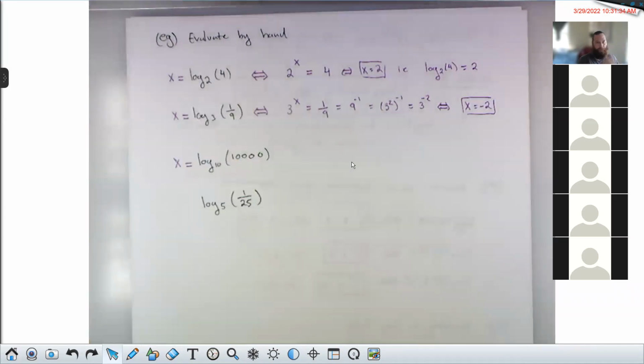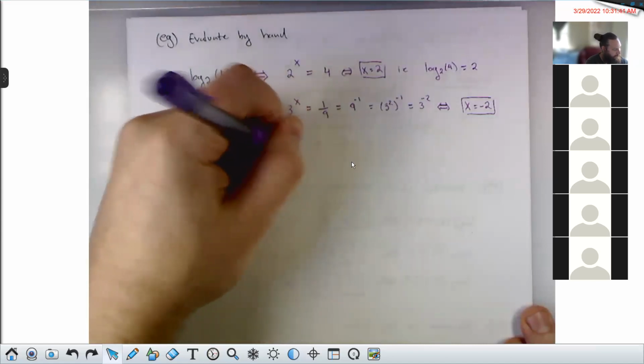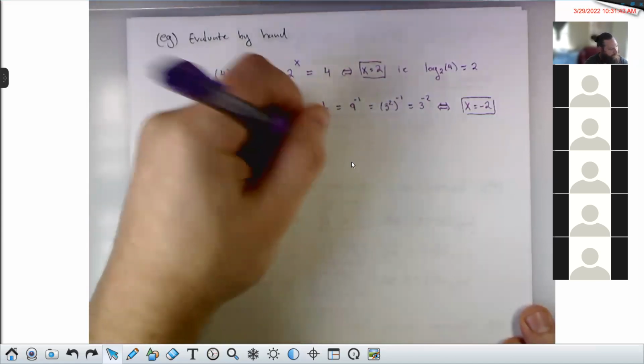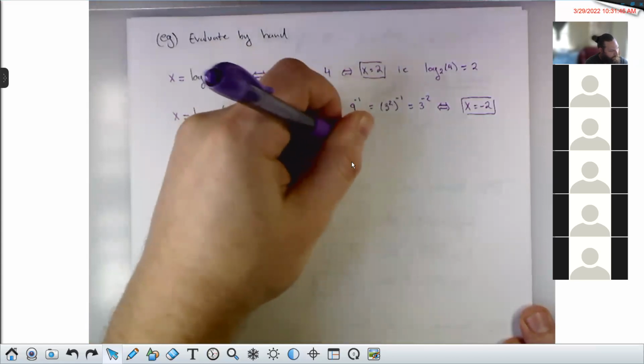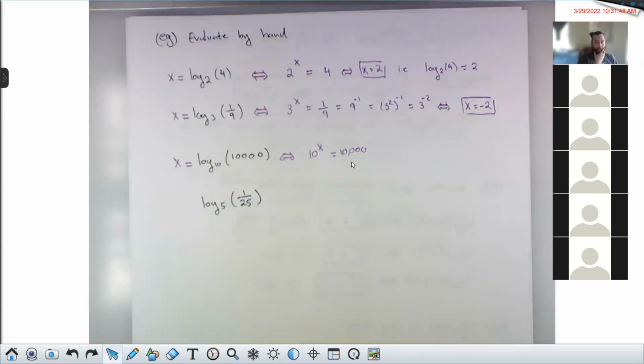Let's do the same thing here. If x is the base 10 log of 10,000, that means that 10 to the x is 10,000. So how many times do I have to multiply 10 by itself to get 10,000 out? 10 squared, 10 times 10 is 100. 10 cubed, 10 times 10 times 10 is 1,000.